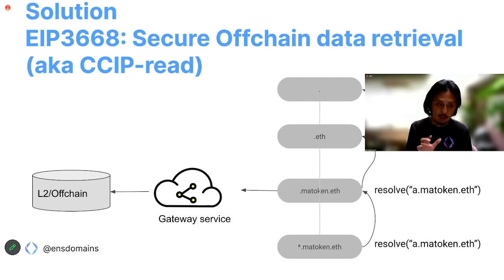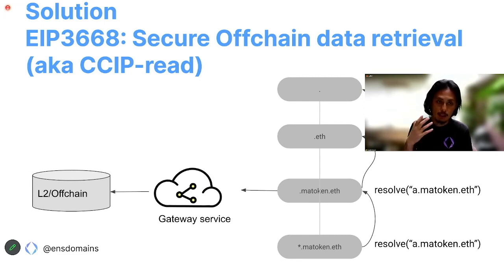If it doesn't exist, the client library looks up the resolver of the parent, matoken.is, to ask, does foo.matoken.is exist? In the case of digital twin, you look up the information on the same chain, right? The Doodle NFT was on the same Ethereum chain.